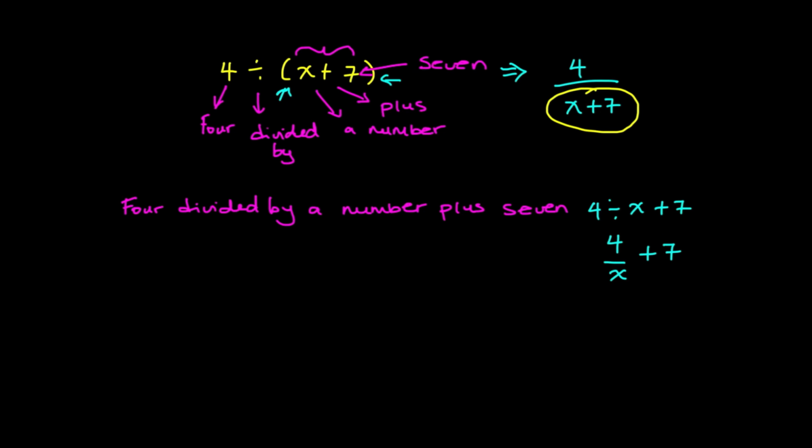So in order to write this expression correctly, yes, we would have the 4 divided by, but in order to not confuse it with this expression right here, we would say the sum of.